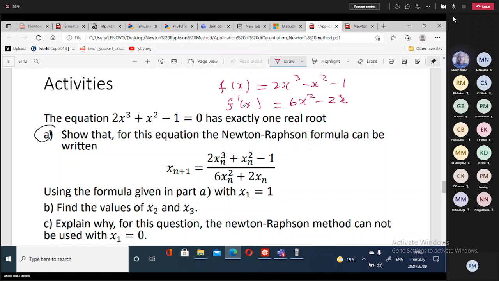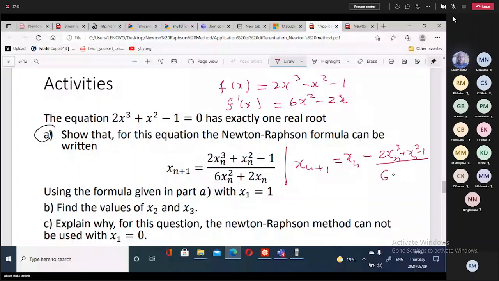And now you rewrite the formula correctly. x(n+1) is equals to xn minus, at the top you write your f(x), 2xn to the power 3 plus xn squared minus 1. Don't forget the n, it shows that the function is changing. Those x's are not constant. All over 6xn squared plus 2xn. So this is the correct form.